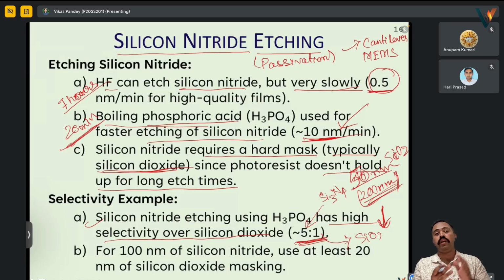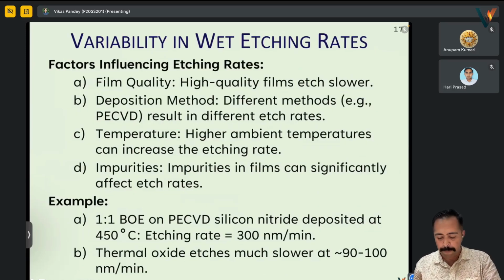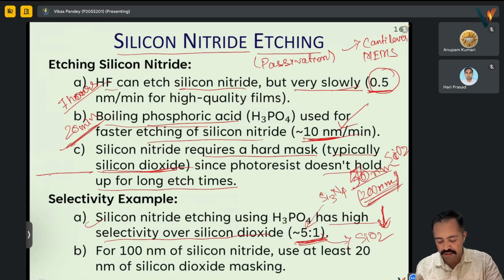So if we had made a mask of 50 nanometer SiO2, let me draw somewhere. So if we had this Si3N4, and this is 200 nanometer, and we created a mask using SiO2, and the thickness we kept was 50 nanometer.